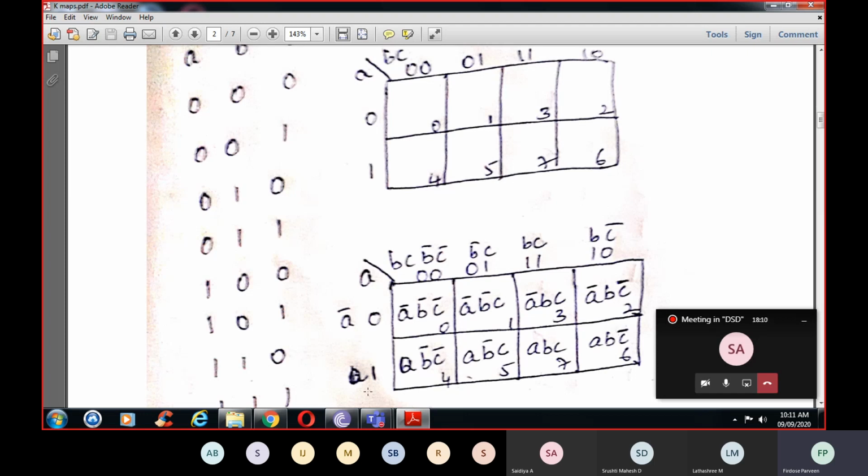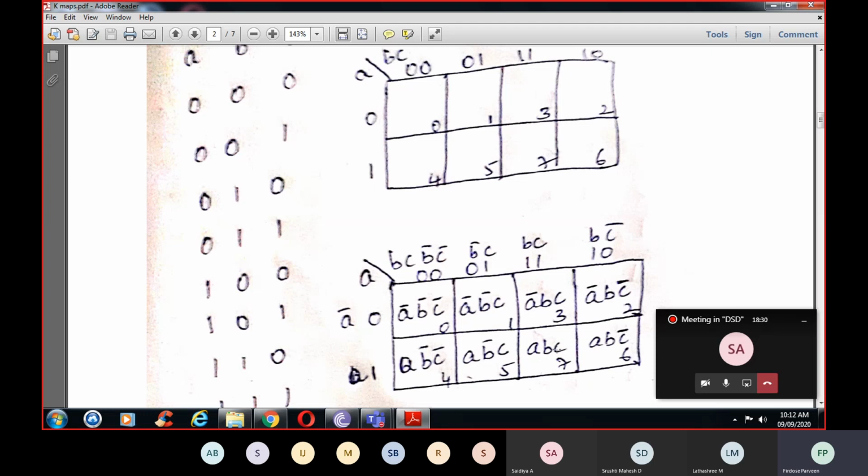This cell is A, B bar, C bar. In the same way 5 is A, B bar, C. 7 here: corresponding row is A, corresponding column is B, C.